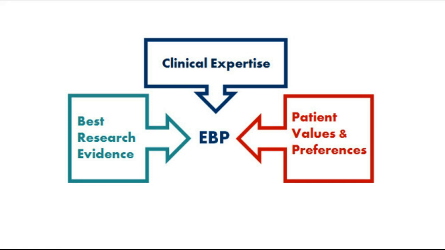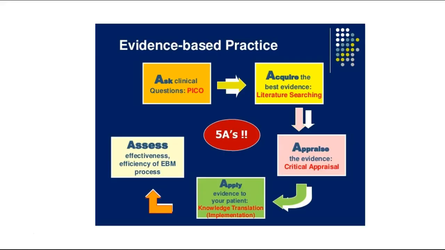It's these 3 components that make up what I call an evidence-based practitioner. To become an evidence-based practitioner, there are different steps along the way that you will have to apply, because incorporating the best evidence into clinical care really requires a systematic approach.